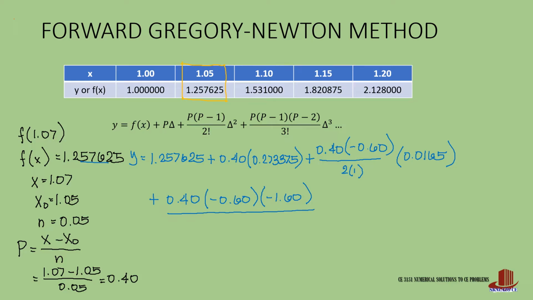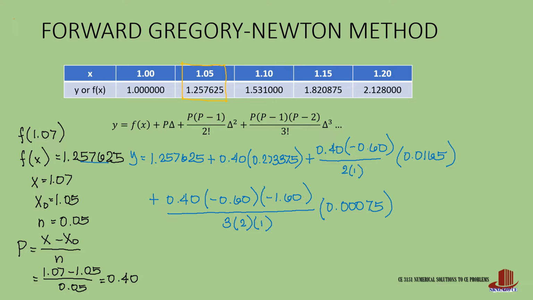This would be all over 3 factorial, or that is 3 times 2 times 1. And for our delta cube, we had it as 0.00075. All of these values of delta have been traced earlier from the table.